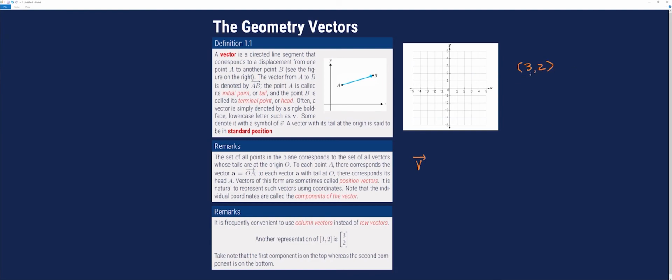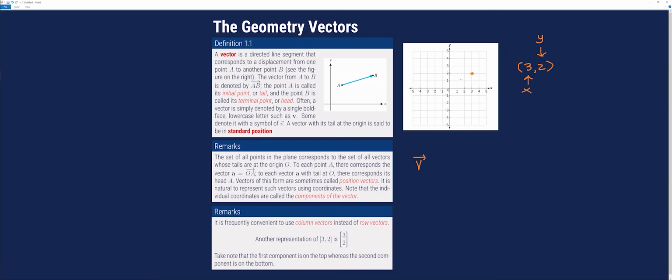The first component is the x component, whereas the second component is the y component. To locate it, we count 3 units to the right from the origin, and 2 units upward from there. So that coordinate is located here.